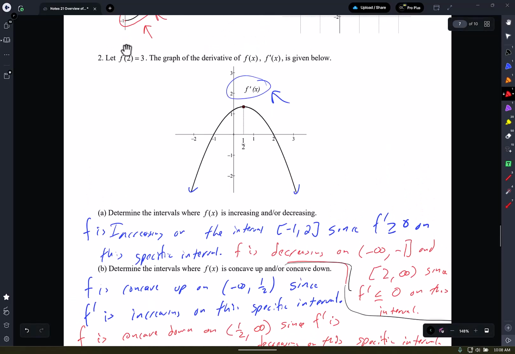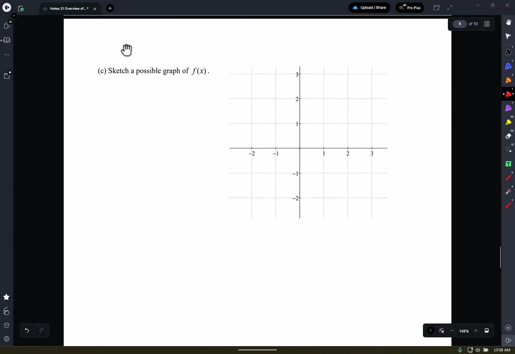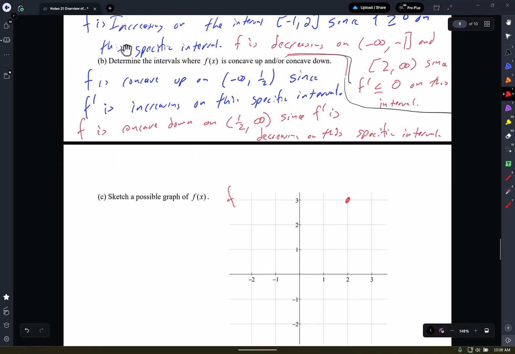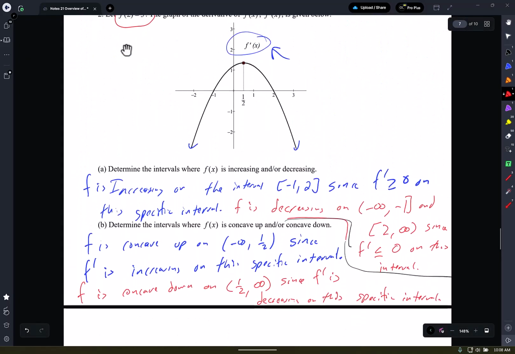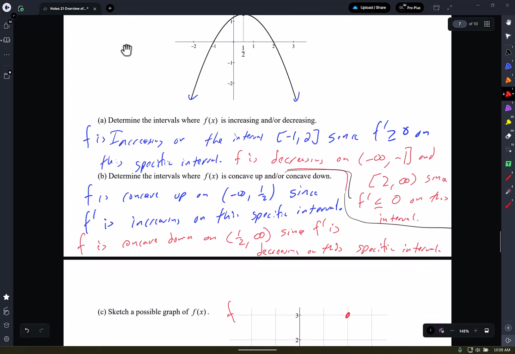All right. Plot this point, 2, 3. So call this f and go to the point 2, 3. We're going to go in intervals. From negative infinity, let's go to -1 first. From negative infinity to -1, f is decreasing, and I have a horizontal tangent at -1.